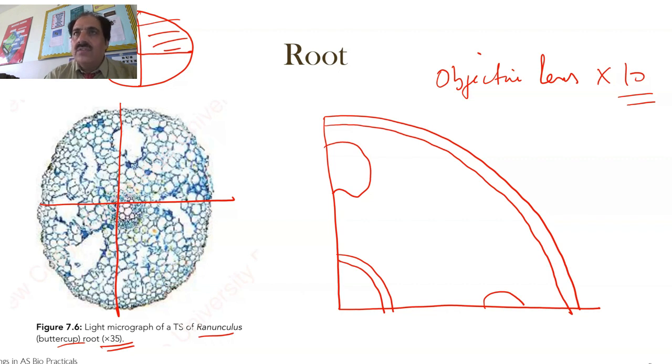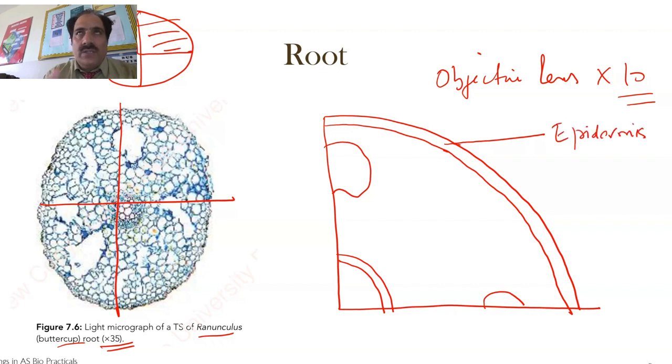There is also a part where they say use a ruled line to label this part. So we will use the scale to make a ruled line. For example, if we are asked to show where the epidermis is, I will use a ruled line, the scale, to make this line. The line should start from where the tissue is. So the tissue is between these two lines, and I will write epidermis over here.